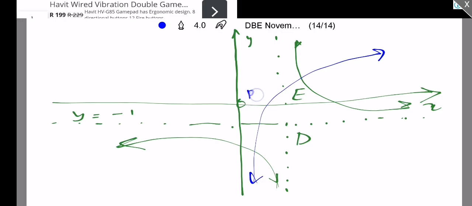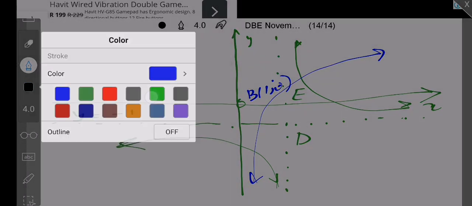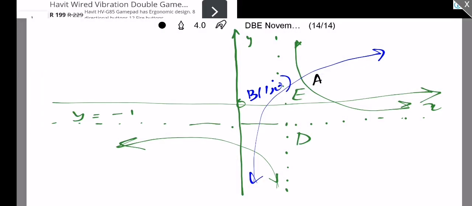That's point B, (1, 0). We were also given this point. Let me use black color. This point A, which was (t, 1).